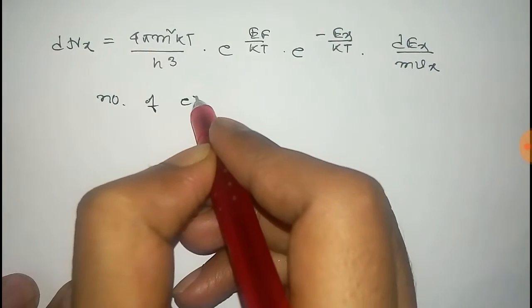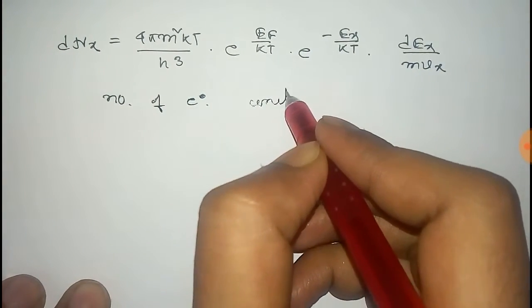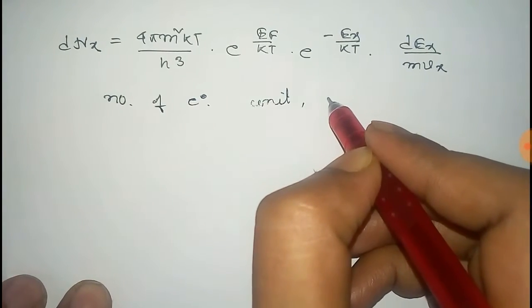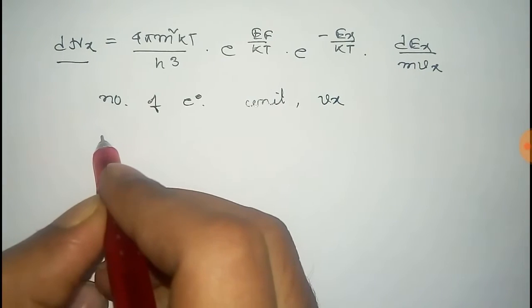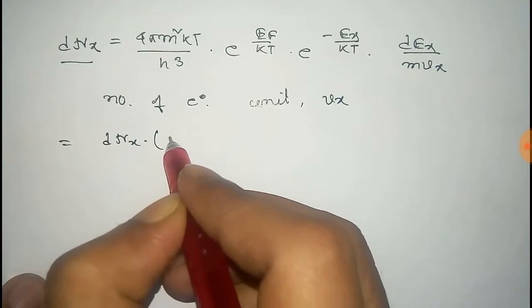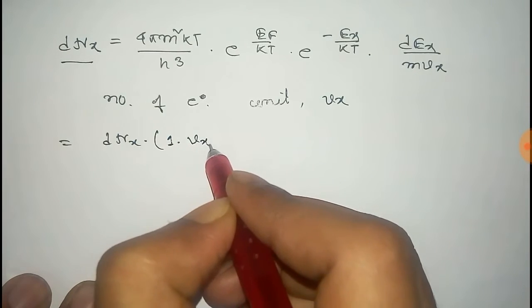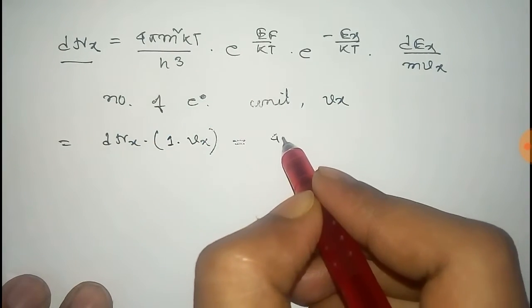Now the number of electrons passing through a cylinder of unit cross section and length vx is given by dnx into the volume, that is unit cross section and length vx. So that will be multiplied with vx.